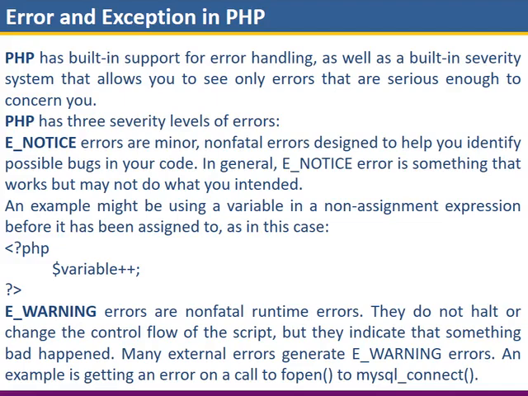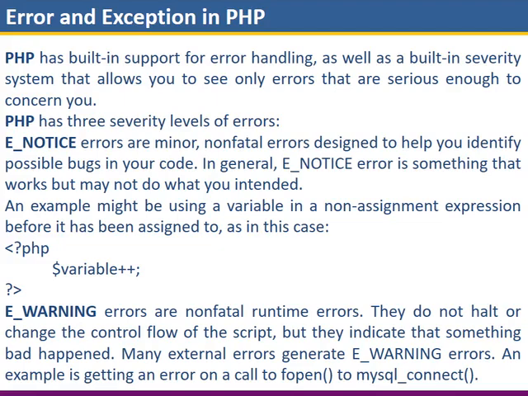E_NOTICE errors are minor, non-fatal errors designed to help you identify possible bugs in your code. In general, an E_NOTICE error is something that works but may not do what you intended.